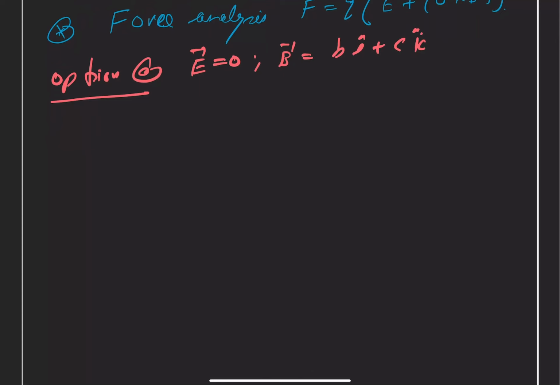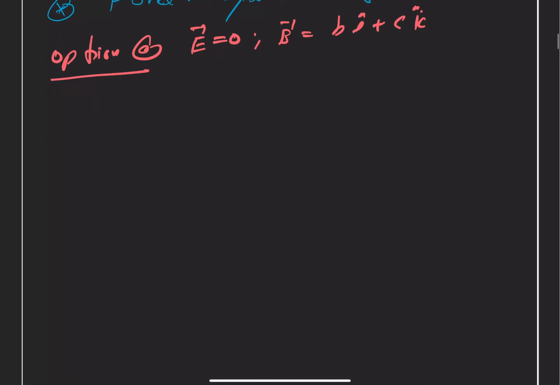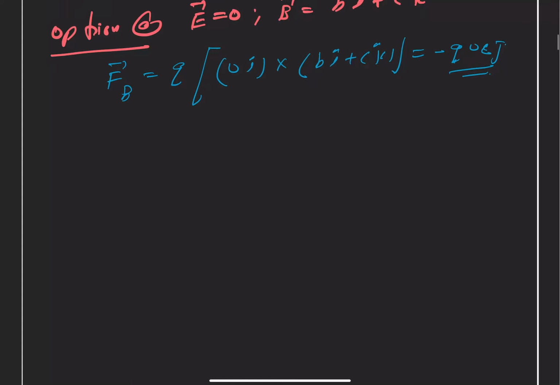And if we find out the magnetic force, which is our Fm, we are going to get Q, i unit vector cross product Bi plus Ck, and this gives us minus QVCj. So it means force is purely along the y direction, that is minus j.